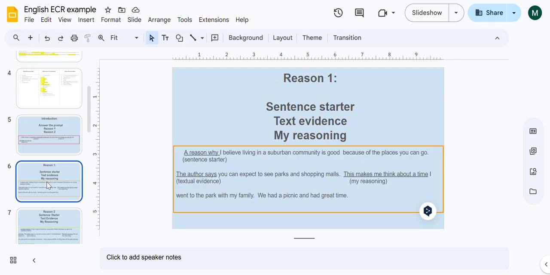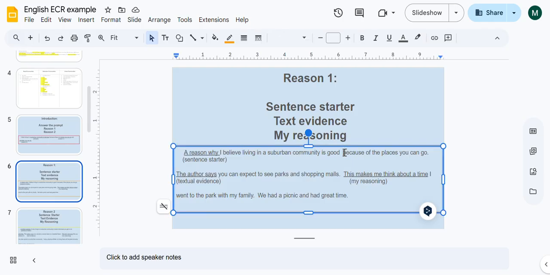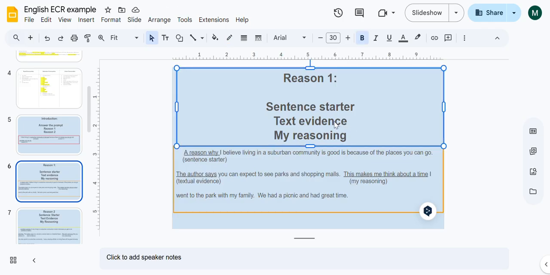Next, we're going to go to our reason 1. So we need to start with the sentence starter. And you're going to see these sentence starters on the graphic organizer I'll show you towards the end of the slide. So a reason why I believe living in a suburban community is good is because of the places you can go. So I have my sentence starter, a reason why. Now, my text evidence.